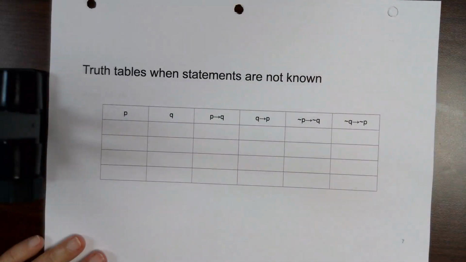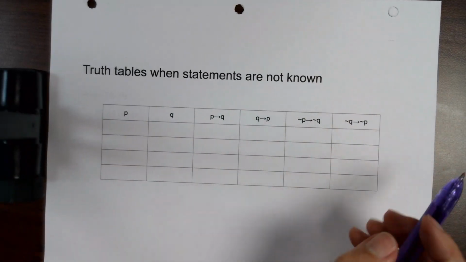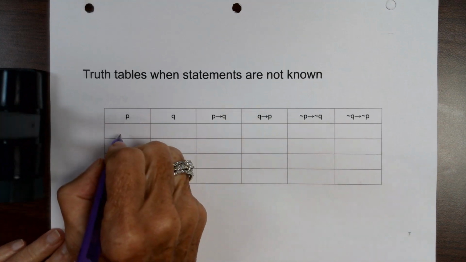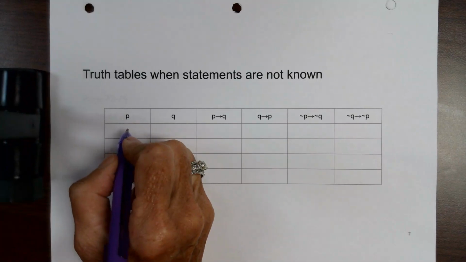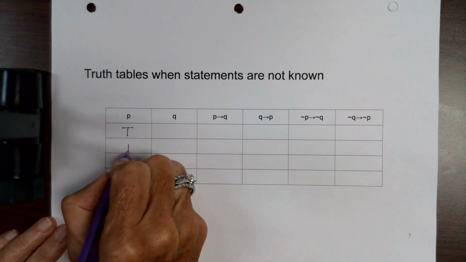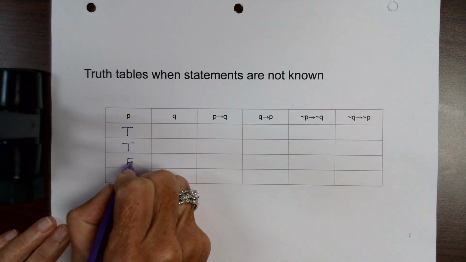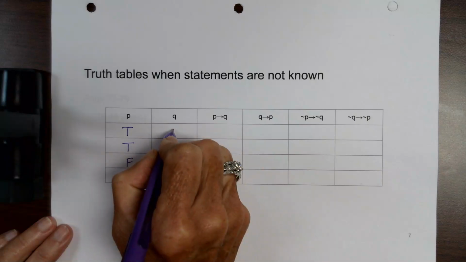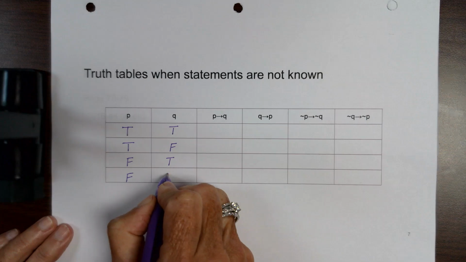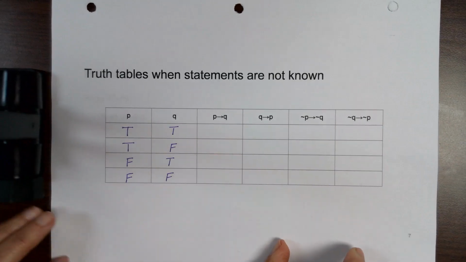All right, these also can be put on the truth tables. Now these are when the actual statements are not known. So I don't know what P stands for and I don't know what Q stands for. So again, I have either a true or false value for the truth value. So I'm going to put my pattern out. And that covers all different possibilities.